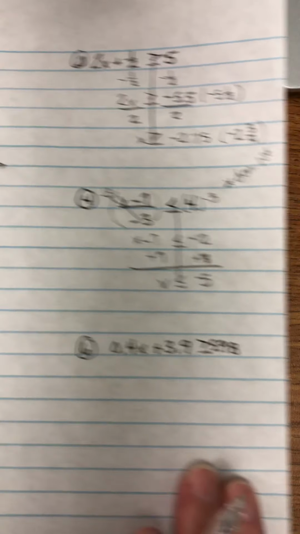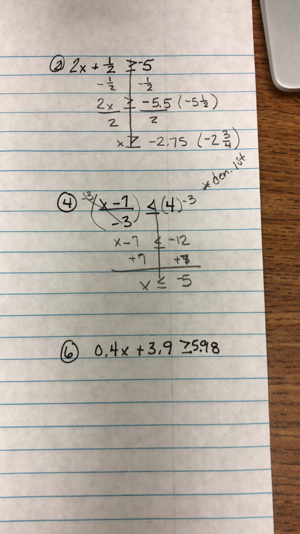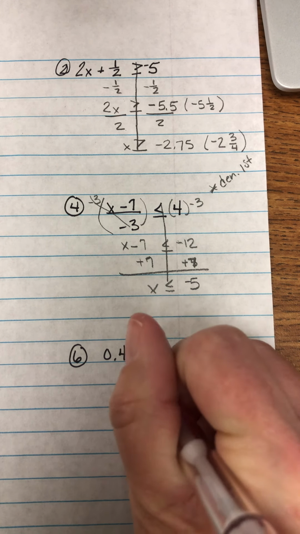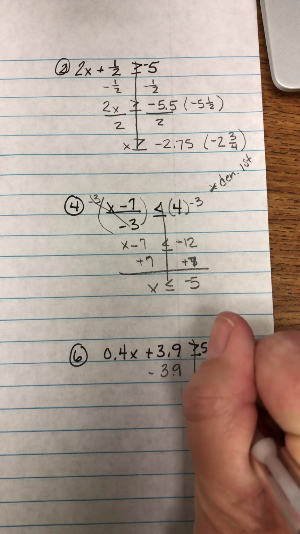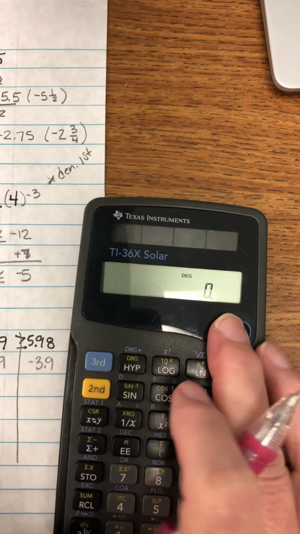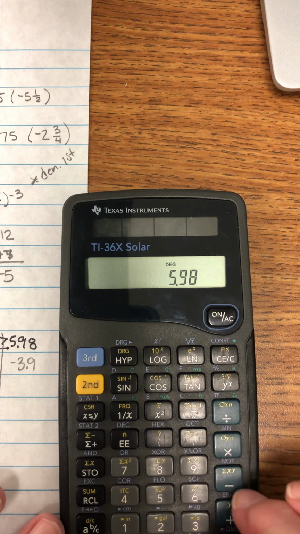Very good. Now here, excuse me, we have decimals. No worries. We're going to subtract 3.9 on both sides. Again, you can use your calculators. You can use your calculators throughout this whole skill.